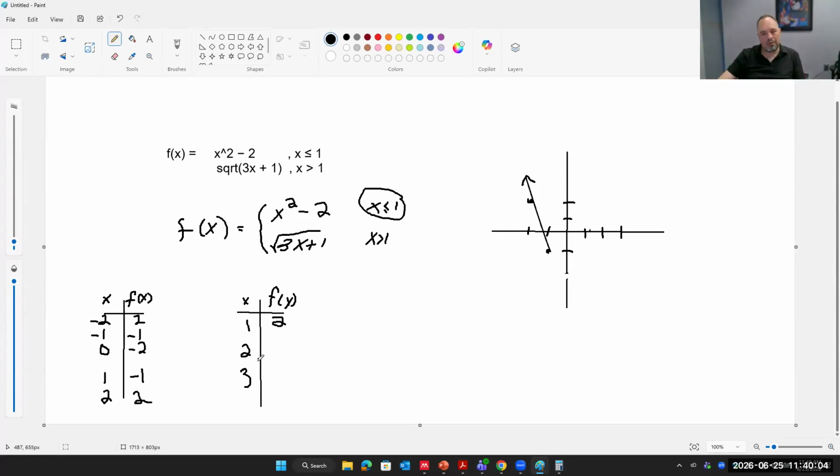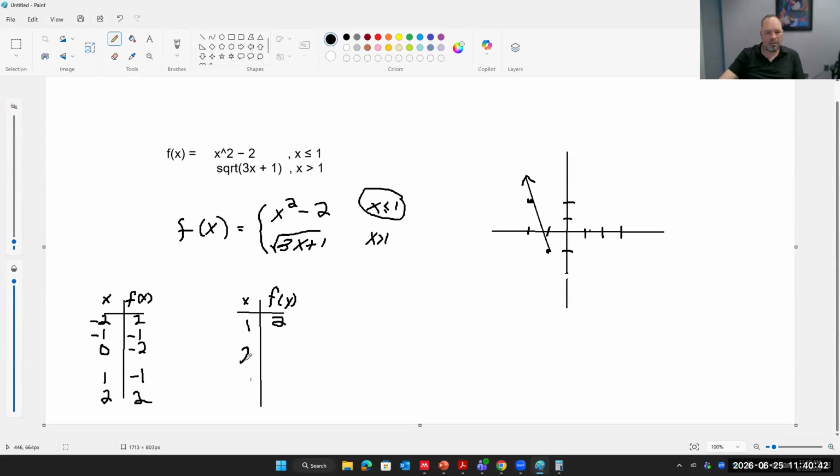When I plug in, maybe 2 and 3 aren't the best things to plug in because there's no perfect root. Let me think for a second if there's a better value to plug in. Actually, no, there really isn't a good number to plug in.